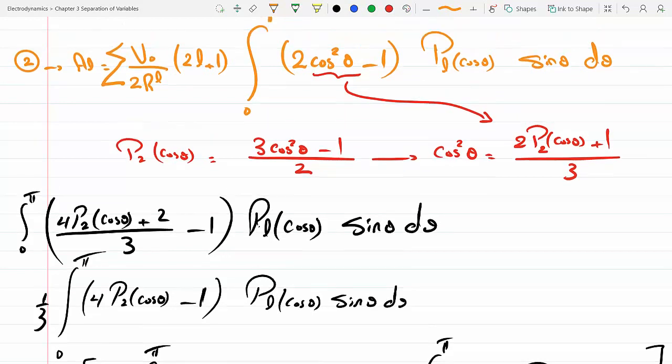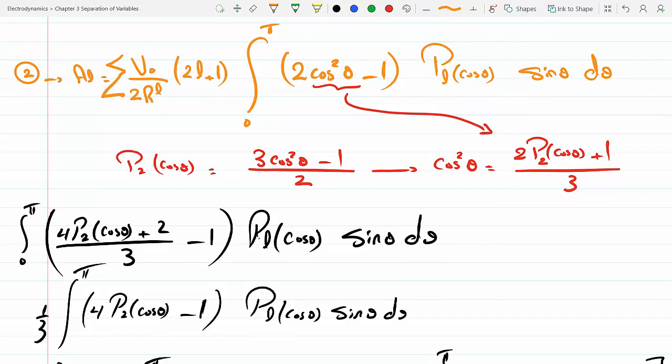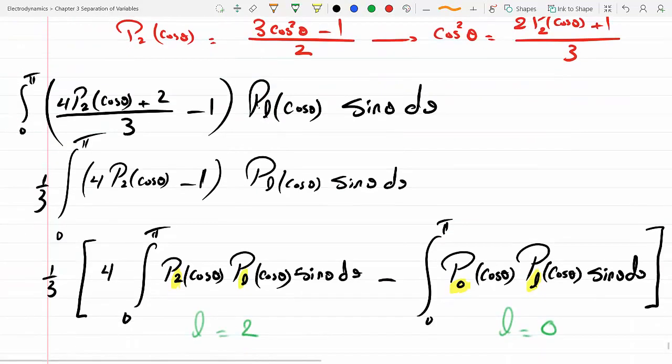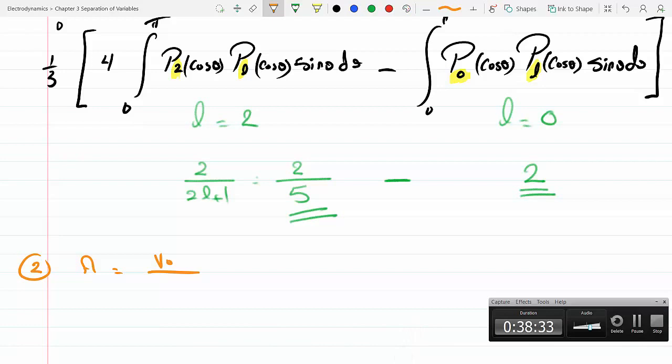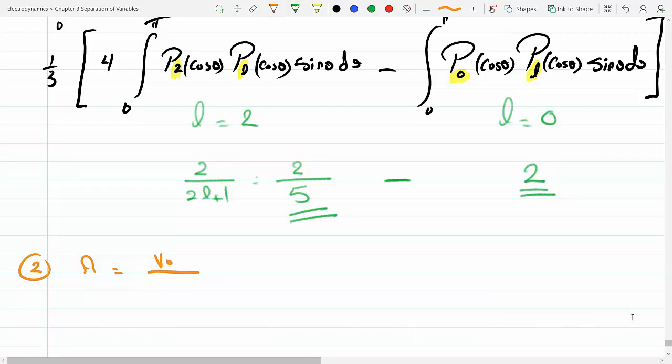So if L is 0, I will get V0 over... Now keep in mind here, when L is 2 on the first, the second term goes away because L there is 0, it does not equal 2, and vice versa.